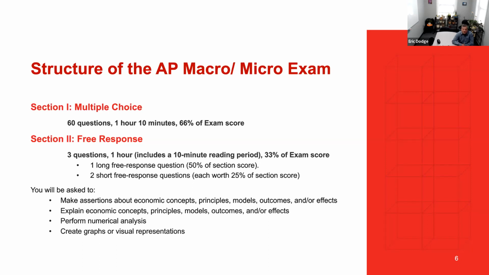For example, US history would require you to look at documents and write essays and stuff. Economics keeps it pretty clean. You're gonna be asked to make assertions about certain things. You're gonna be asked to provide brief explanations of concepts or your assertions. You're gonna need to perform some numerical analysis, crunching some simple numbers. And of course, you're gonna need to draw those graphs.